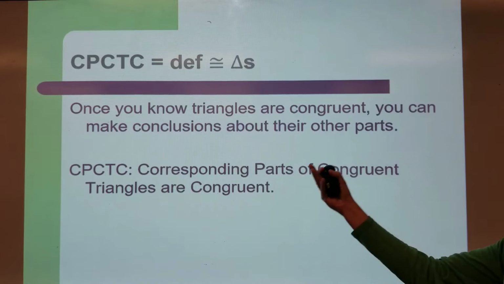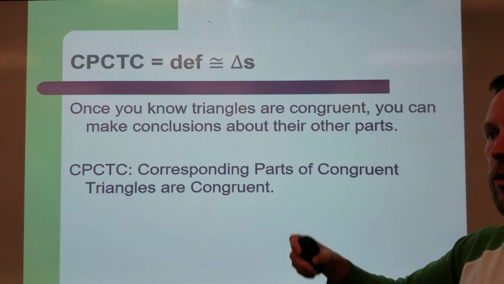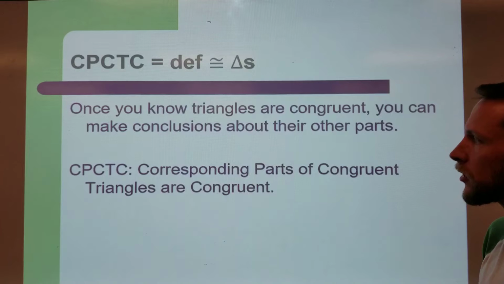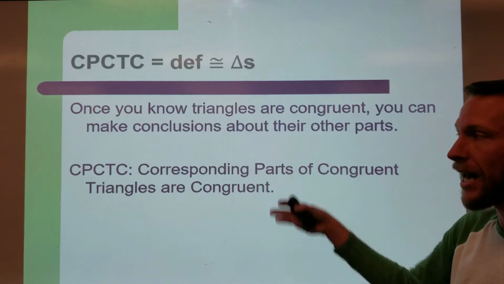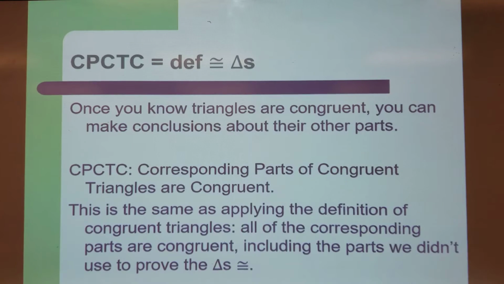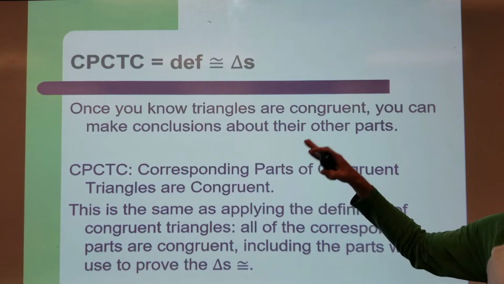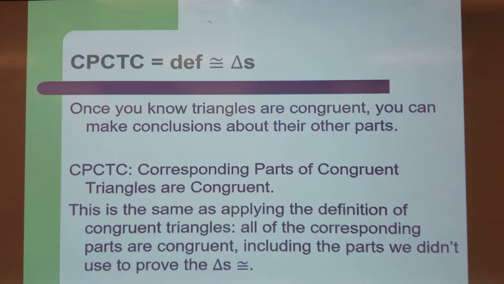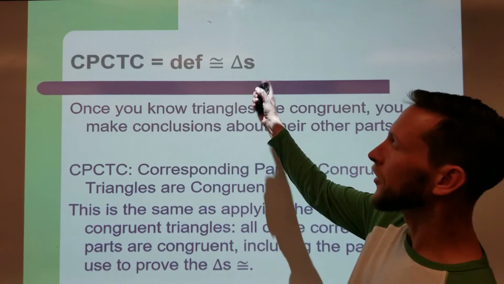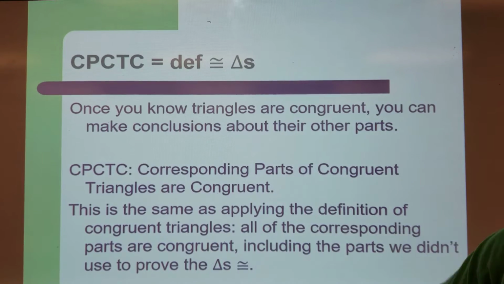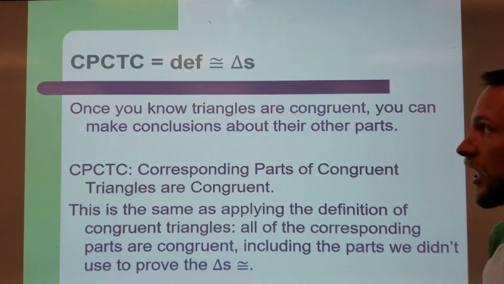And so we said, okay, well then these angles correspond to each other and they're congruent, or these sides correspond to each other and therefore they're congruent. And so we're going to use that here in our 4th lesson. This is just a long treatise saying it's the same thing as the definition of congruent triangles. You don't need to write all that down, as long as you understand that CPCTC and the definition of congruent triangles are the same thing, and you can use them interchangeably.